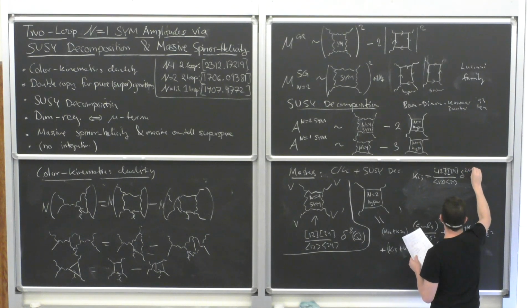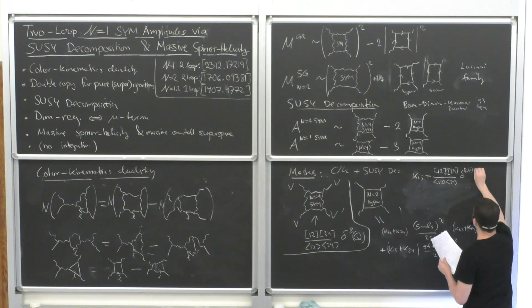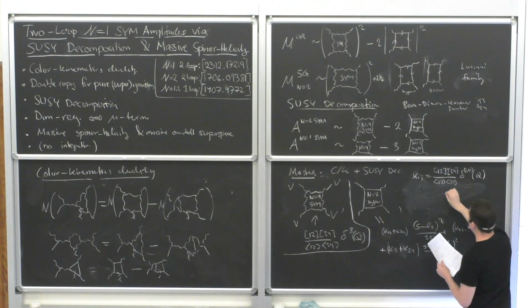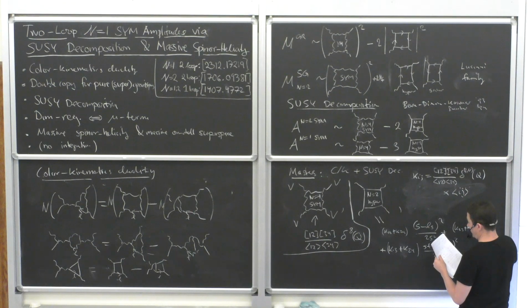In this case, since I have reduced supersymmetry, it's 2 times the number of supersymmetries. And then I'm also multiplying by a helicity factor, which is I, J, to the power 4 minus calligraphic n.